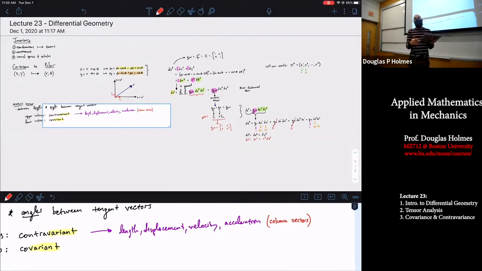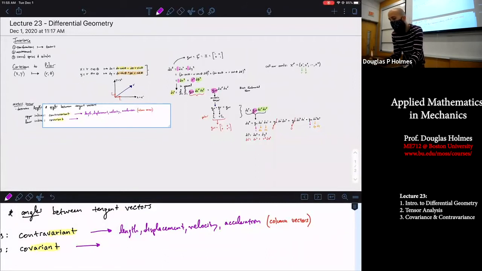If it changes in the same way as your basis, then it's covariant. And if it changes in the opposite way as your basis, then it's contravariant. So if having length in the numerator typically gives you a contravariant vector, then having length in the denominator is going to give you a covariant vector.